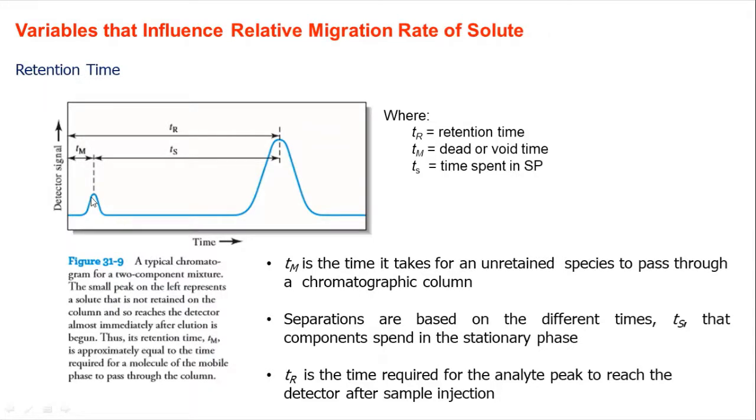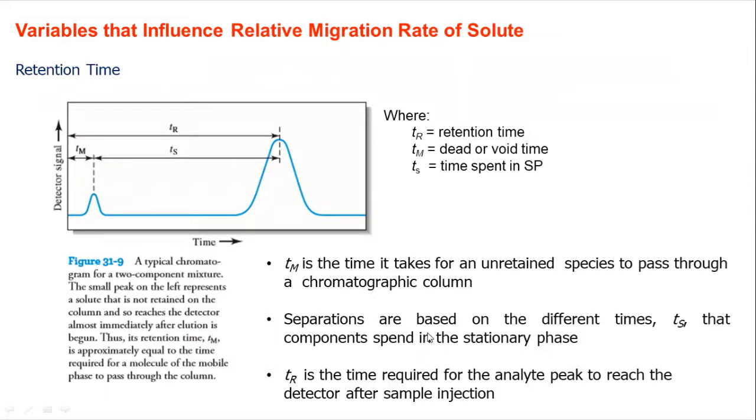So mao ni si Tm. So kung maggamit mo og chromatography nga instrument, kanang first nga mogawas nga peak dili pa na siya mao imong analyte. That is called dead time or void time. So, si Tm, mauna siya ang mga unretained species nga naadaan or ga-pass through first sa chromatographic column.